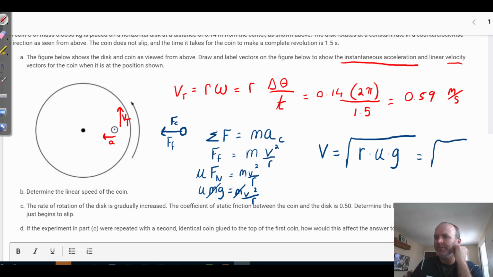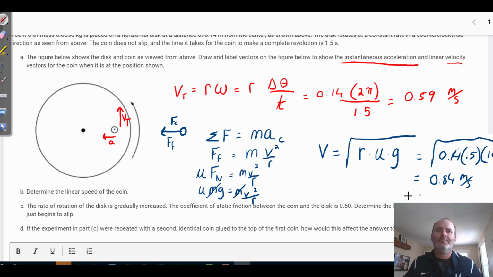So that would be the square root of, let's take this one step at a time. r was 0.14, same r that we had here. Mu is 0.5, and g is 10. Okay, I plug that in, and I get 0.84. And velocity, so it's meters per second.